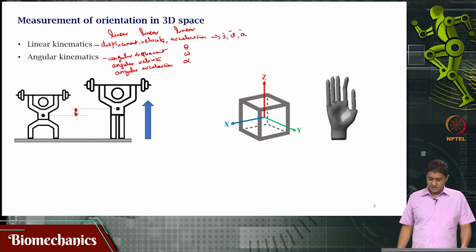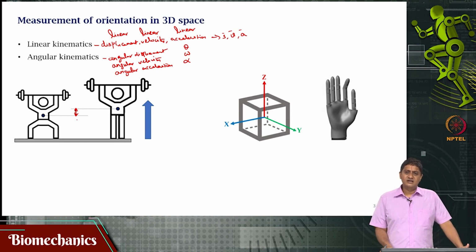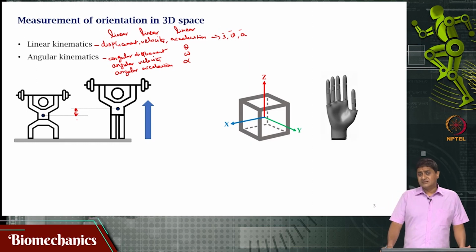Right. Take the case of the human hand and fingers. As an example, I keep giving the human hand and fingers because it's a very dexterous system, but that is not the only reason. Also because I work extensively in the field of hand finger mechanics.